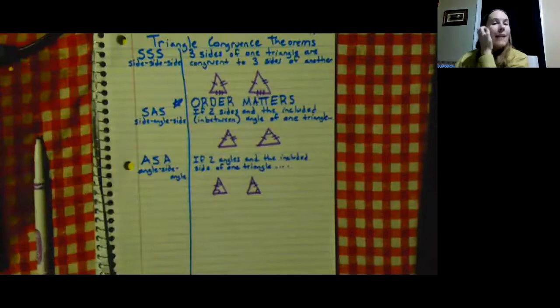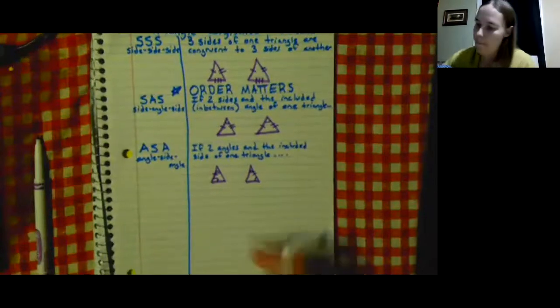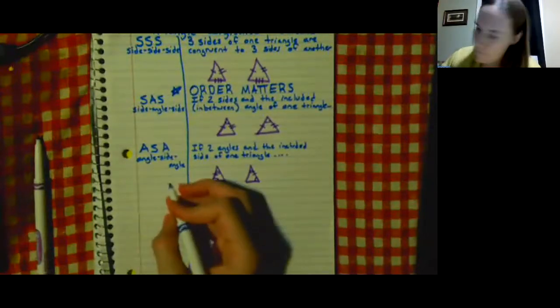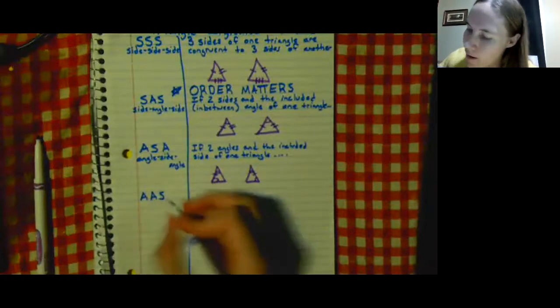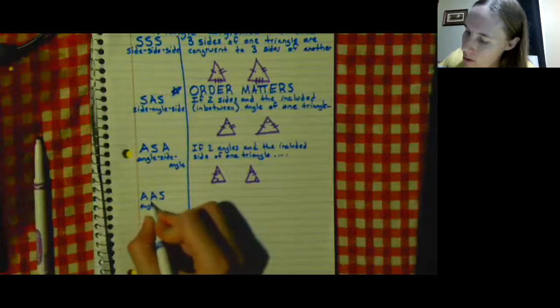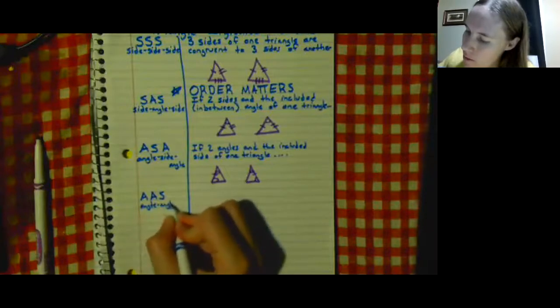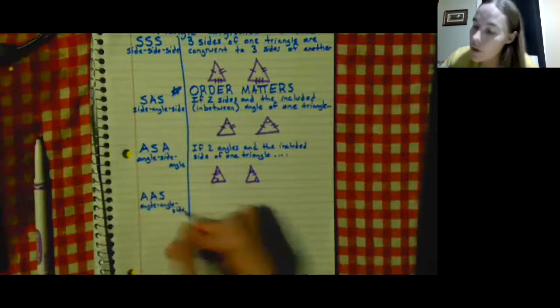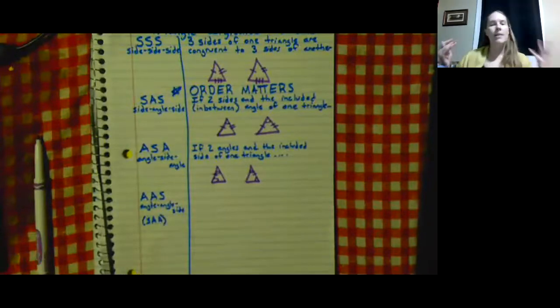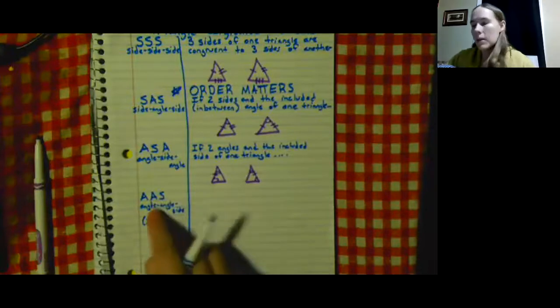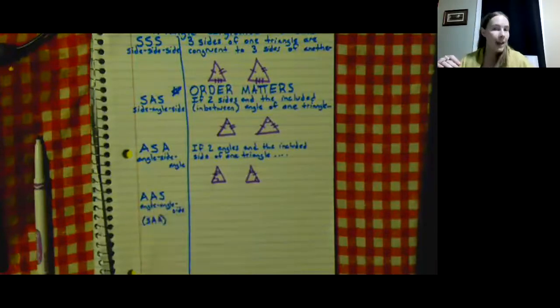Our very last triangle congruence theorem is angle, angle, side. You could also see this as SAA. They're the same thing, but you normally will see it as angle, angle, side. I don't know why.